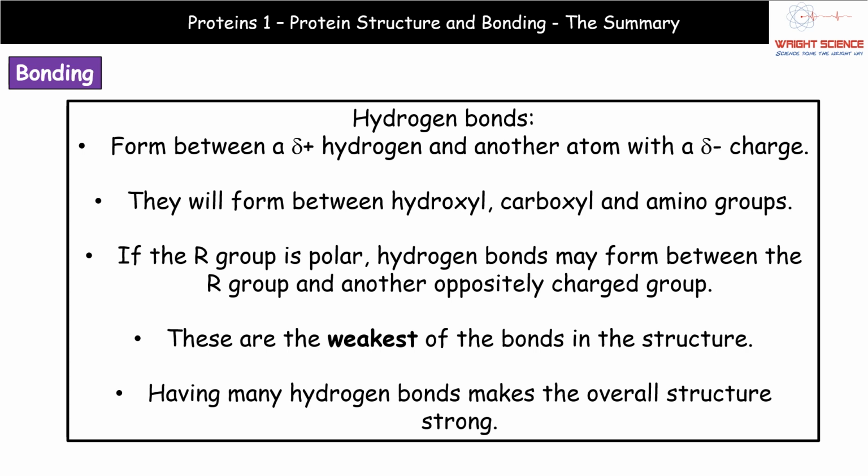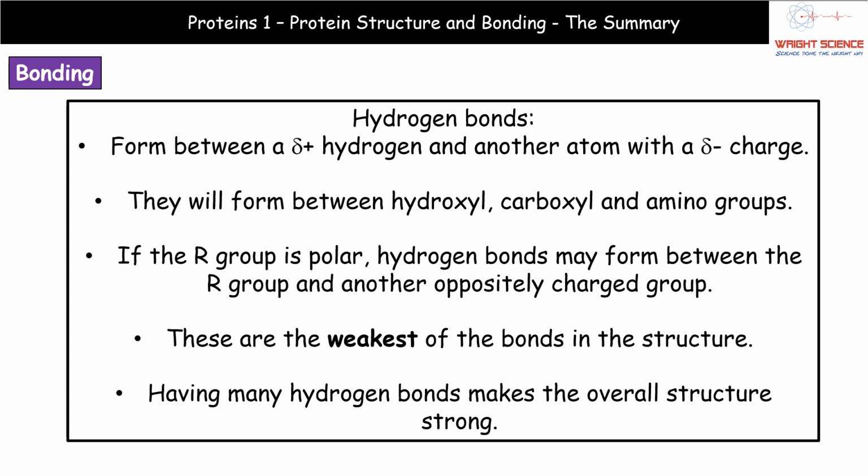So what we find is they're going to be forming between hydroxyl, carboxyl and amino groups, okay? So we've got slight charges on a hydrogen, positive ones obviously, and a slight charge of a negative form on something else. We're a little bit more flexible in the something else.